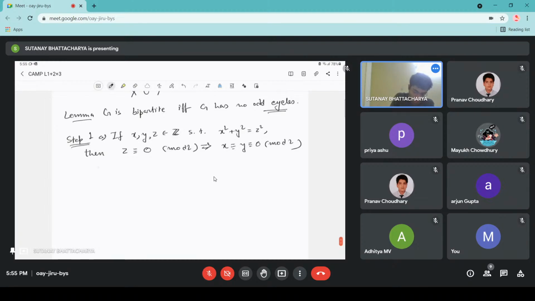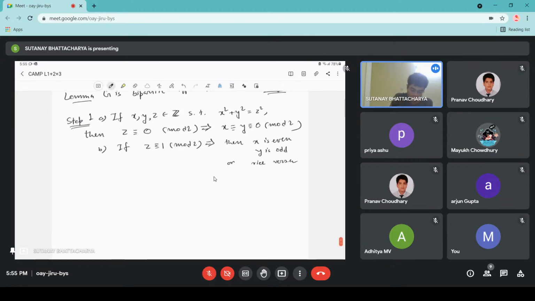And if z is 1 mod 2, then x is even and y is odd, or vice versa. This is just modular arithmetic. I trust you can show this for yourself.